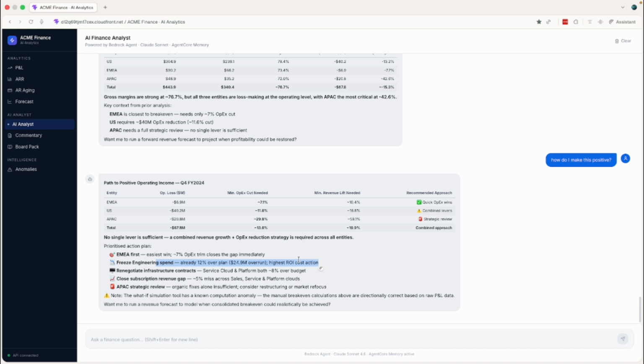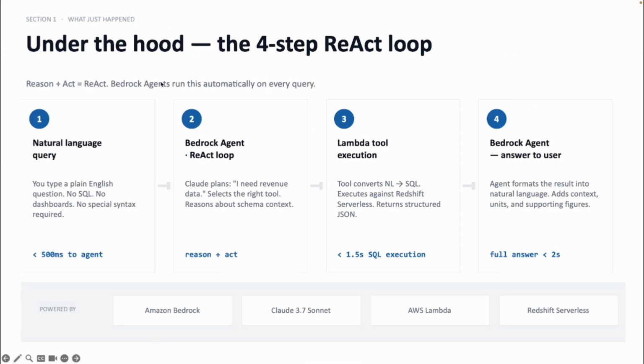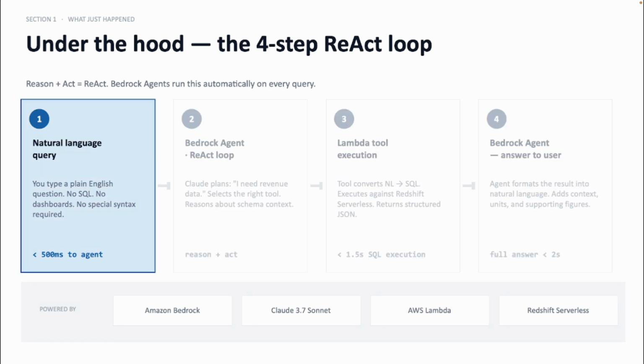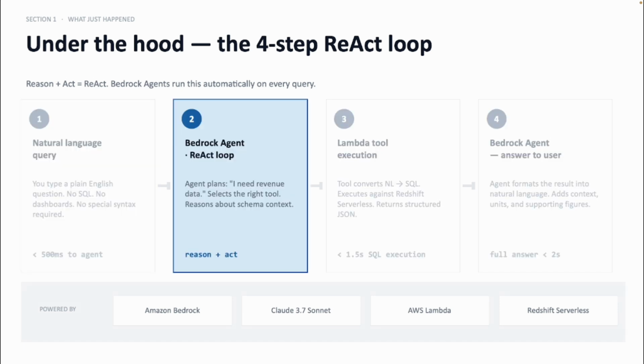How did this happen? So let's look at the underlying architecture which made this happen. Under the hood, there are 4 different steps happening. The first step is a natural language query where you are asking a question in simple English. And then that is going to hit the Bedrock agent.